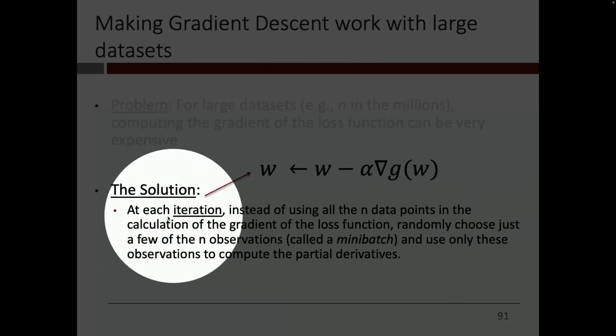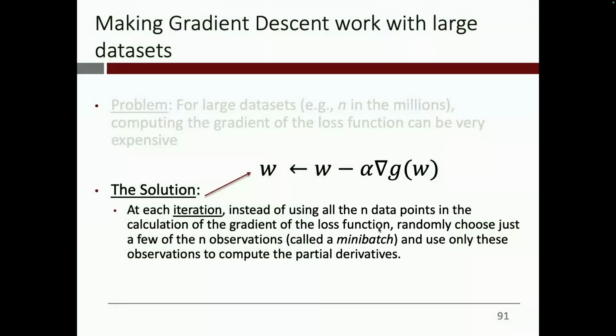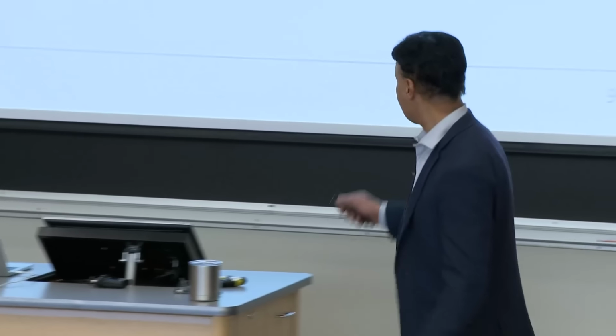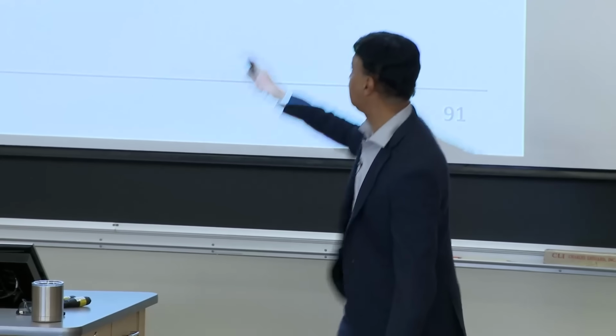You choose just a few of the n observations, and we call it a mini batch. So for example, you may have 10 billion data points, but in every iteration, you may literally grab just like 32 or 64, something really small, like absurdly small. And then you pretend that, OK, that's all the data I have. You calculate the loss, find the gradient, and just use that here instead.